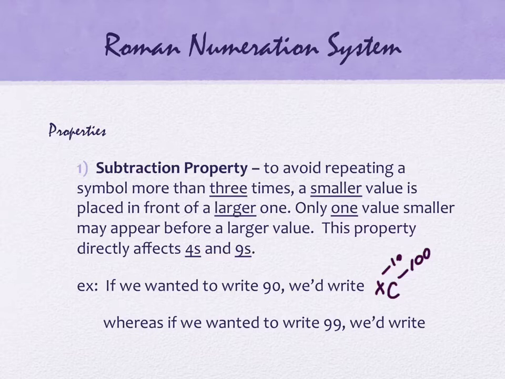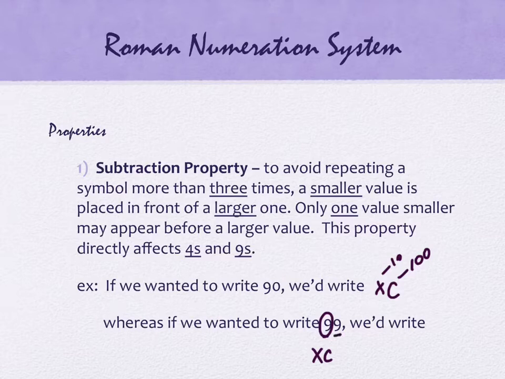Now there's a caveat. It would be really nice if we could do the number 99 as an I and then a C, right? 100 minus 1. And that sounds great. Next time you invent your own numeration system, you're welcome to do that. That's not what they did, though. They treated each of those 9s as separate values. In other words, how do we get 90? Well, we just did that. We do XC. 90 is XC.